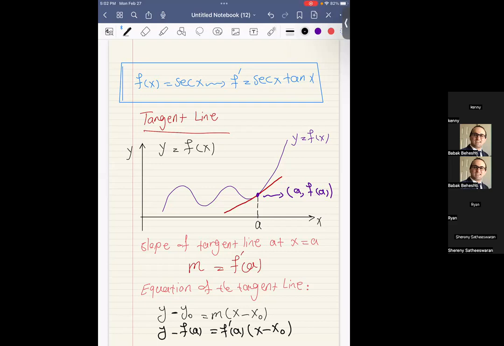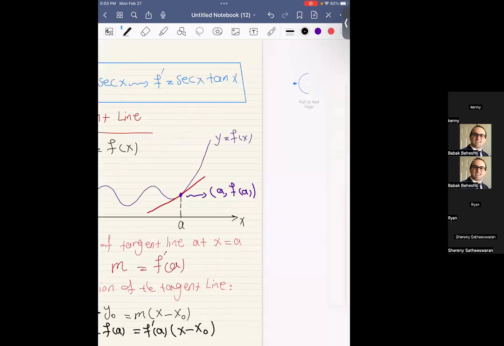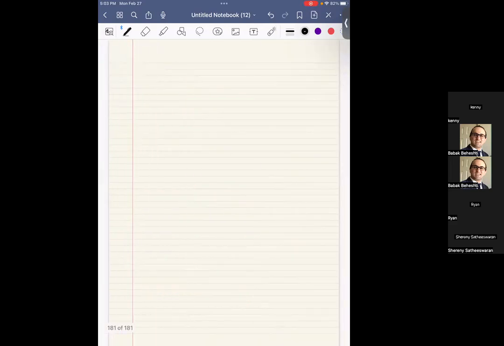So the main point is what is the slope of the tangent line? Because once you have the slope, you can easily write the equation of the line. For writing the equation of a line, what we need is just the slope and one given point. Okay, so let me give you an example.